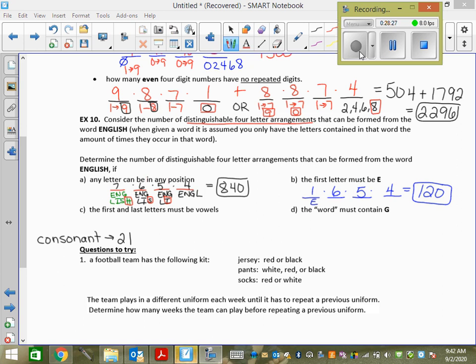The first and last letters must be vowels. How many vowels are in English? 2, an E and an I, right? So you can start with the first or we can start with the last, it doesn't matter. I like starting left to right, it's just a preference, but you can do how you want. So I have E and an I as an option, right? So I have 2.